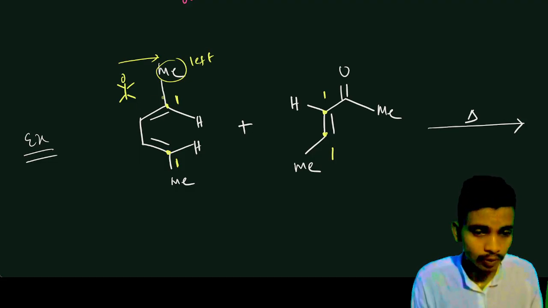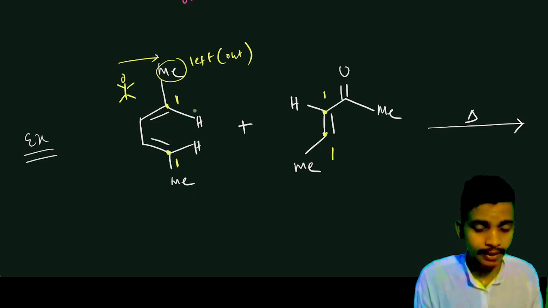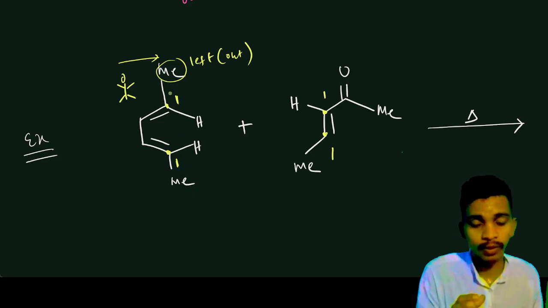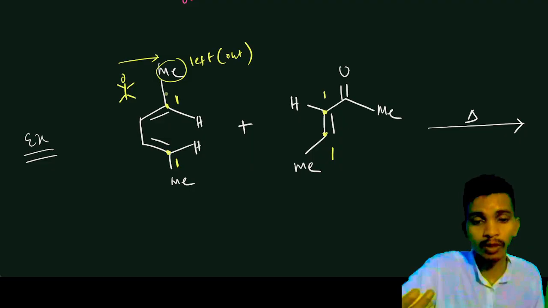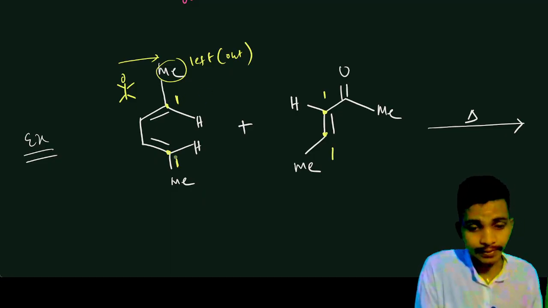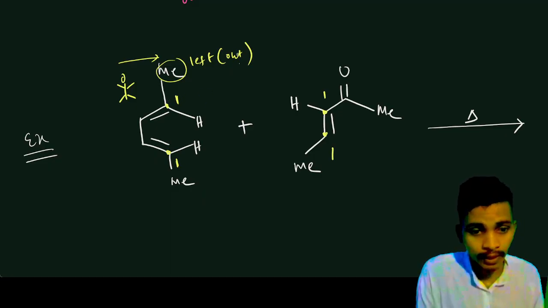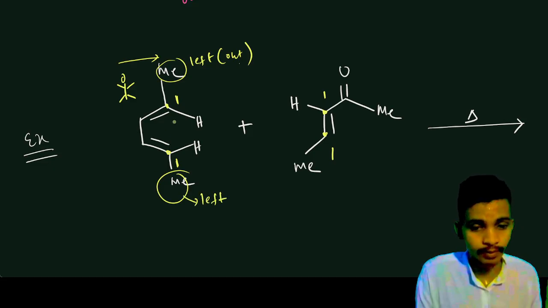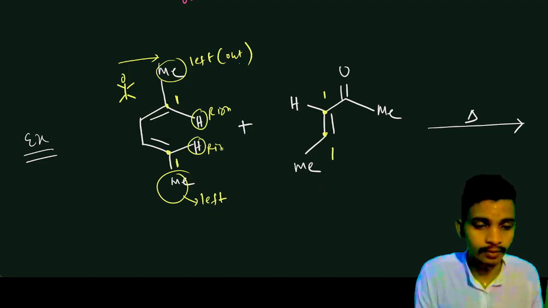For this double bond this is out, so all out will be taken as left, because according to the above double bond, the lower double bond stereo will be decided. So this is out, which is left, so this is also out and also left. Okay, then this is right, then this is also right.